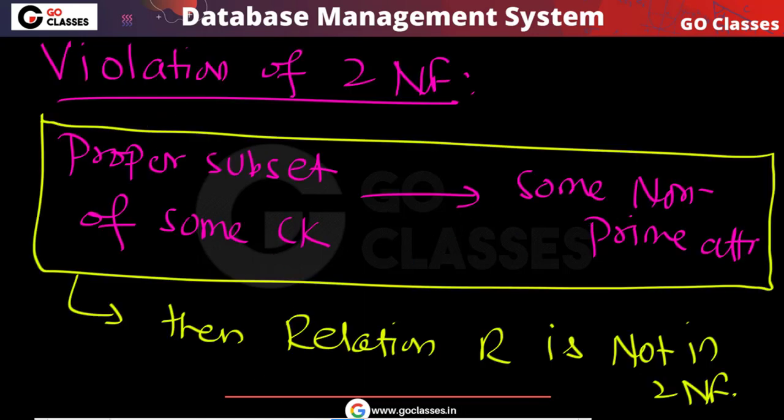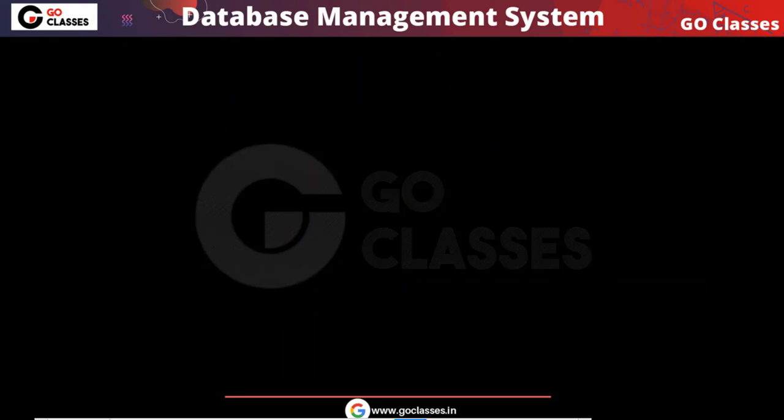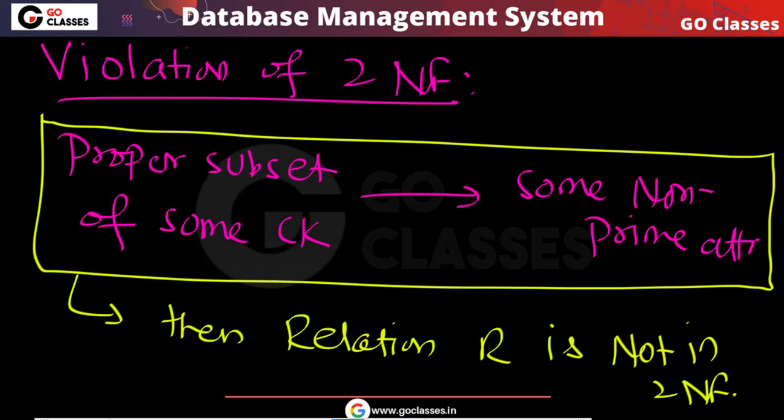So this is the violation of 2NF. Any relation I give you, you just check for this partial dependency; if this happens, then the relation is not in 2NF. This is the only violation of 2NF.